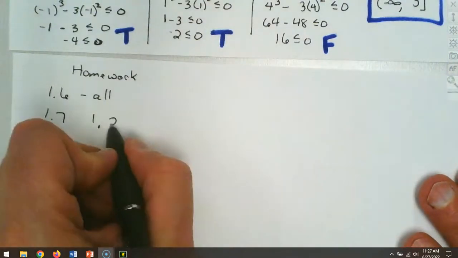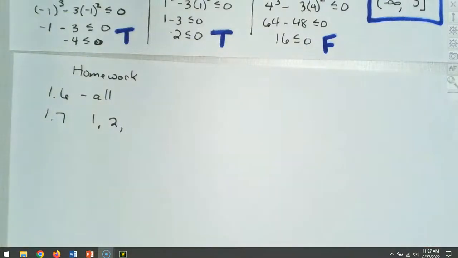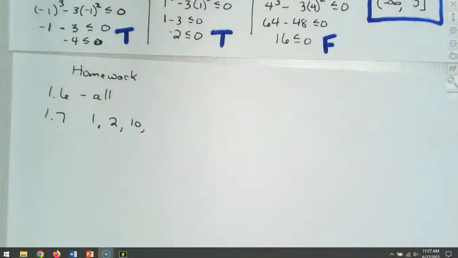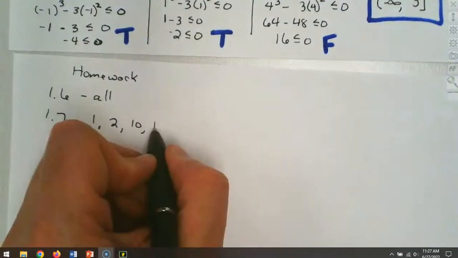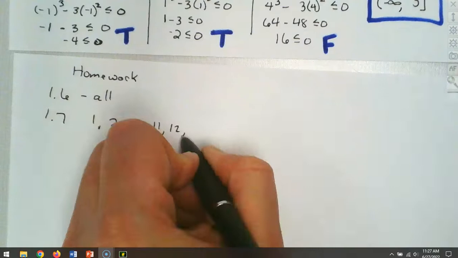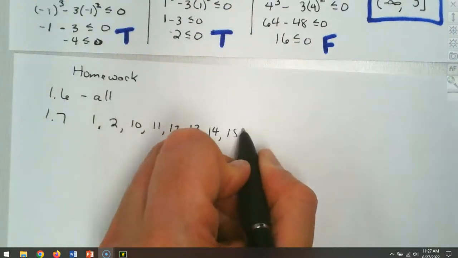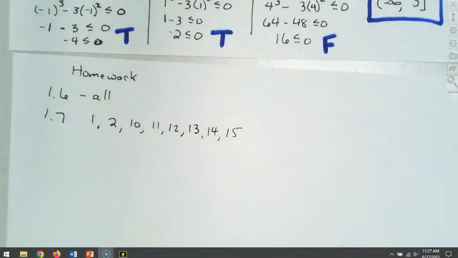You can do question 2. You can do question 10. And then 11 through 15. So 11, 12, 13, 14, and 15. So you should be able to do all of those from your homework.